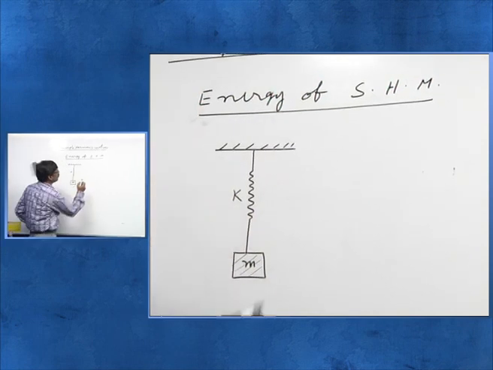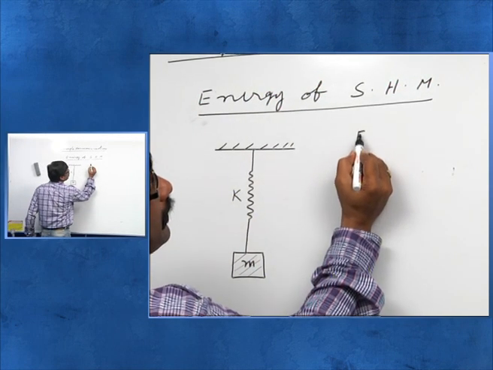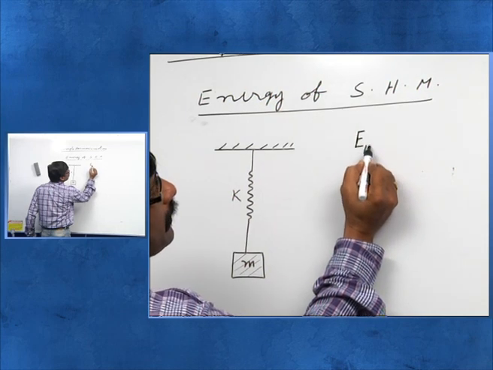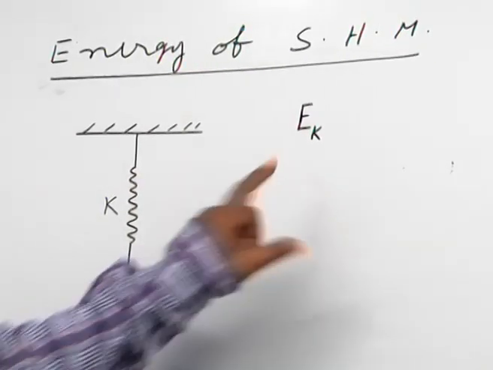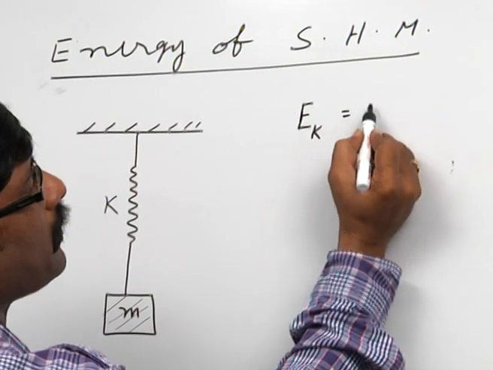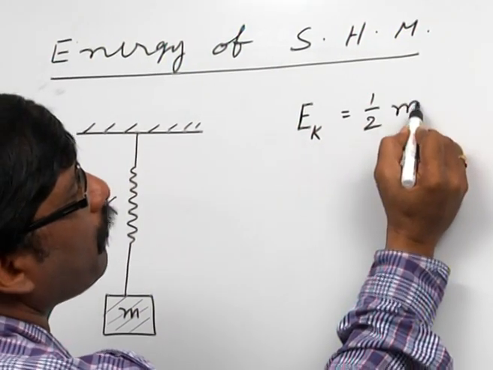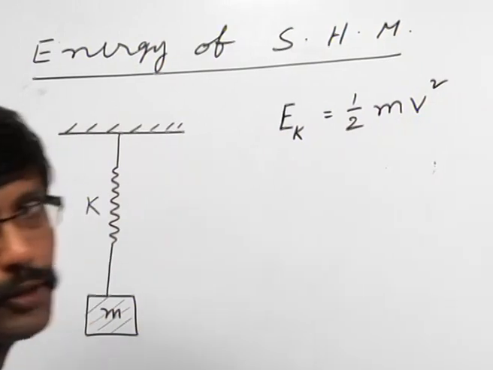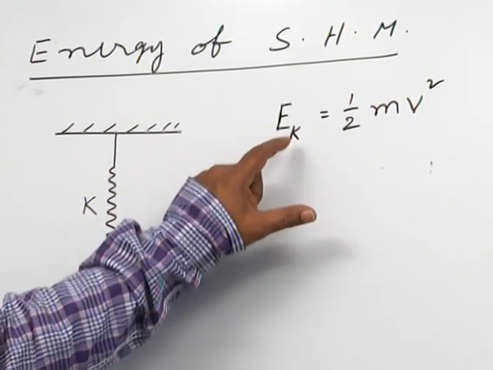Okay. We know that the kinetic energy, let us represent kinetic energy by Ek, is basically half mv square. The energy possessed due to its velocity is called kinetic energy.